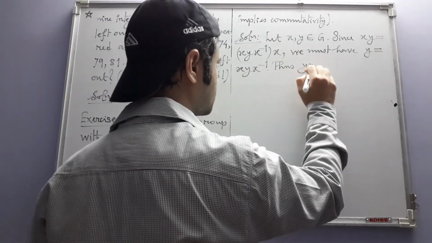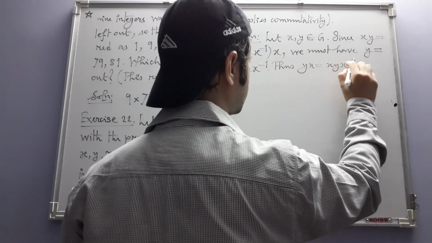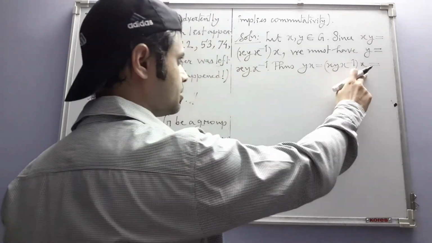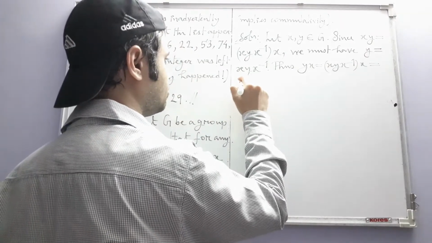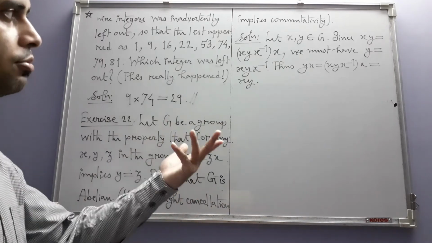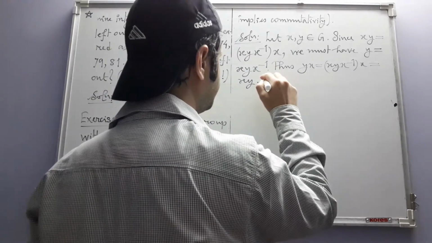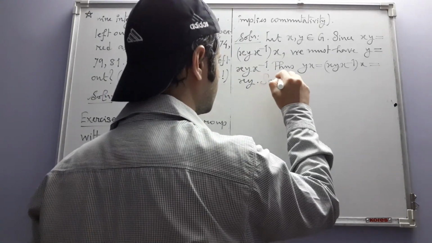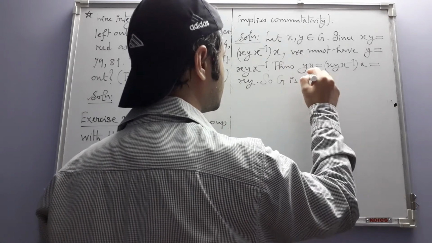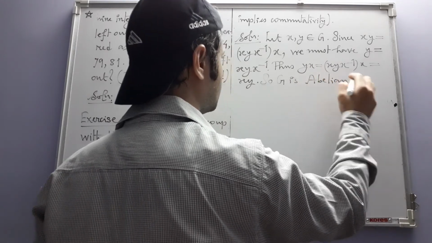Thus yx is equal to xy x inverse x. This is equal to, x inverse and x will cancel out, and we will have xy. So xy equals yx. That's why any two elements commute and hence the group is abelian. So G is abelian.